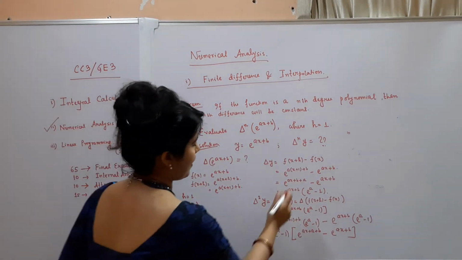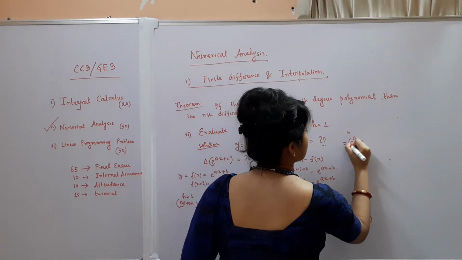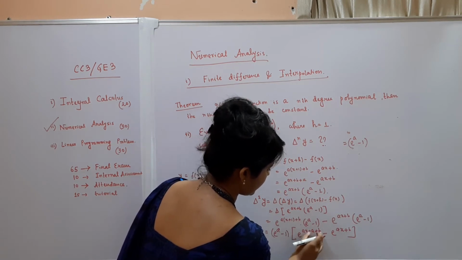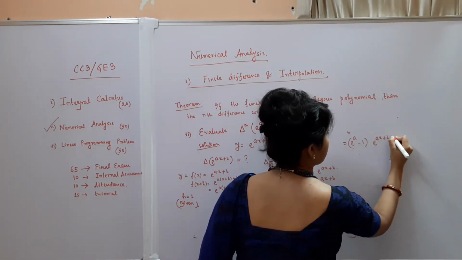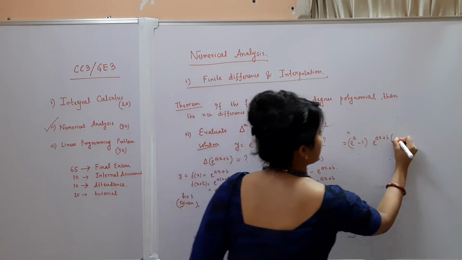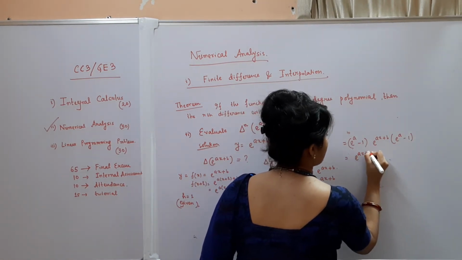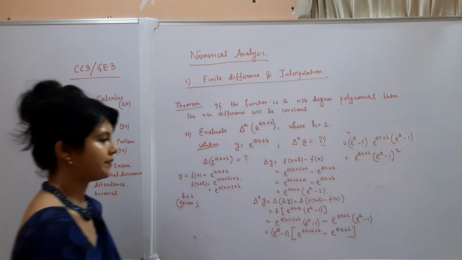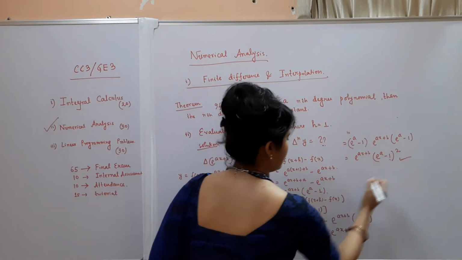So e to the power a minus 1 is the common portion, and e to the power ax plus b can also be taken as common, then the remaining part is e to the power a minus 1. So therefore e to the power ax plus b into e to the power a minus 1 whole square.